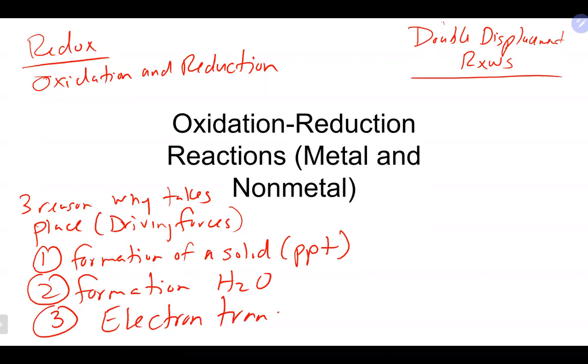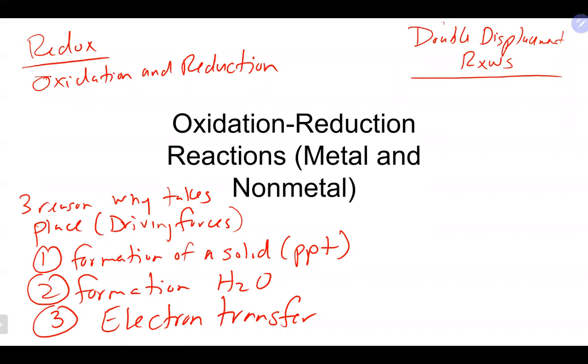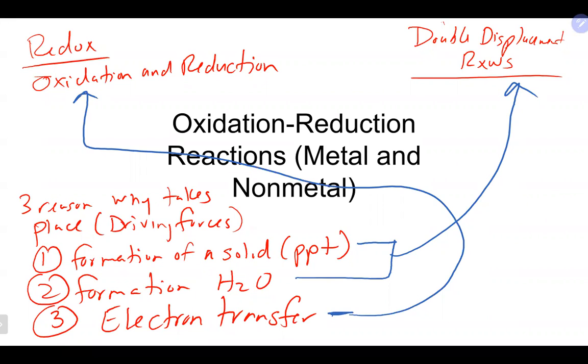These are really the three things, boiled down, that make a chemical reaction take place. The reason why these two are the big umbrellas is that a solid being formed and water being formed are pretty much what you get in a double displacement reaction, and electrons being transferred is basically what you get during a redox reaction.